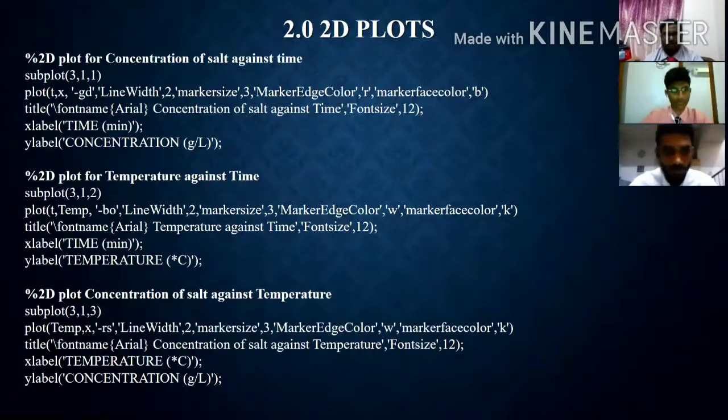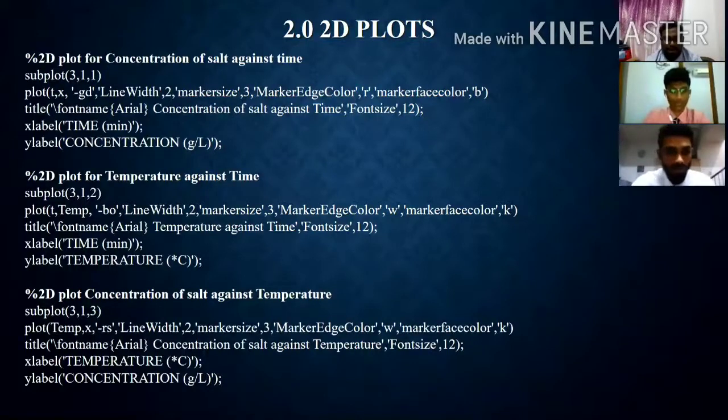We include the unit also. The second graph is for temperature against time: subplot 312, plot time against temperature, with the title temperature against time. The x label is time and the y label is temperature.